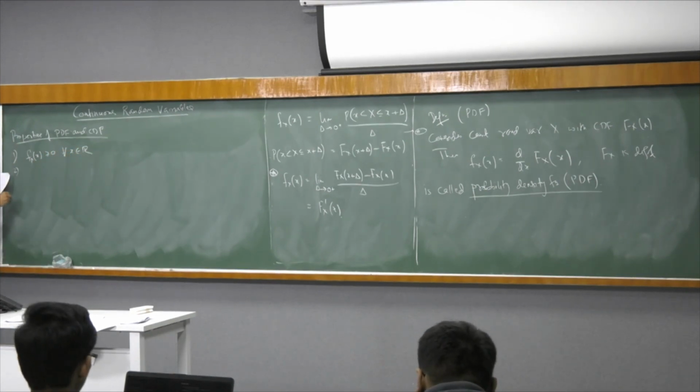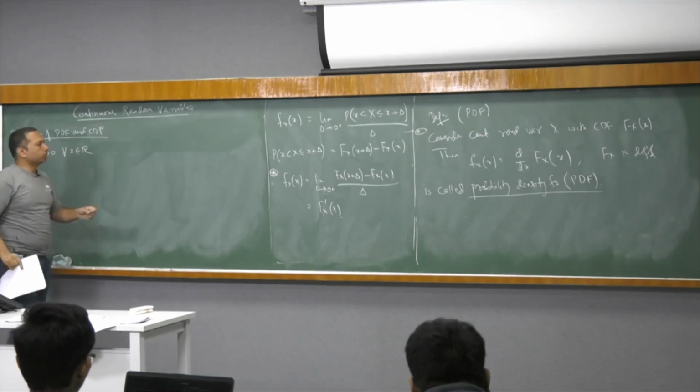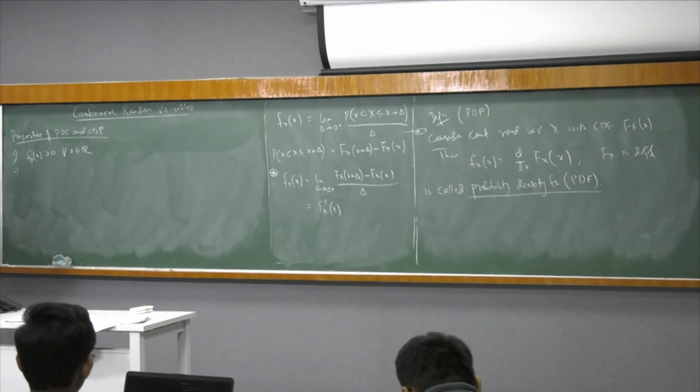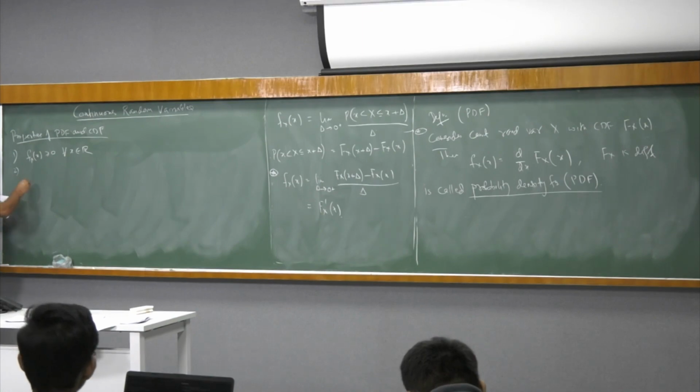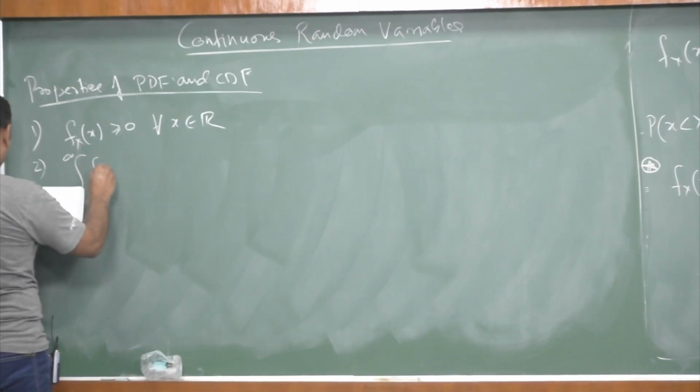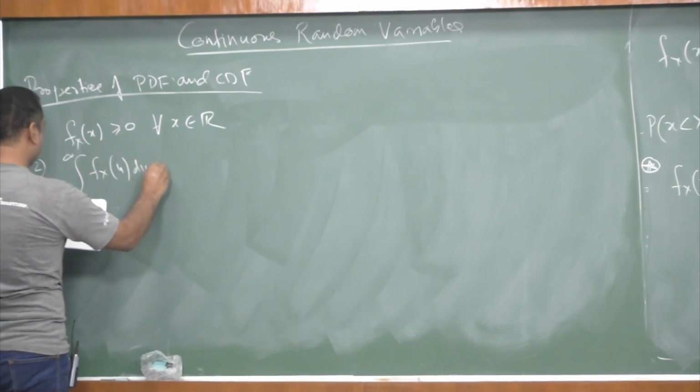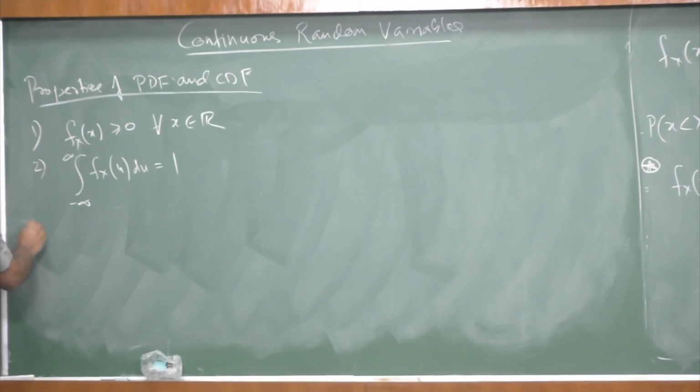And just like the PMF values, if I sum over all the probability, then it must be 1, right? So that's axiom 3 of probability of a sample space. In this case it will be the integral from minus infinity to infinity of f_X(u) du is 1, and you can take x also or u also, it's just a variable here.